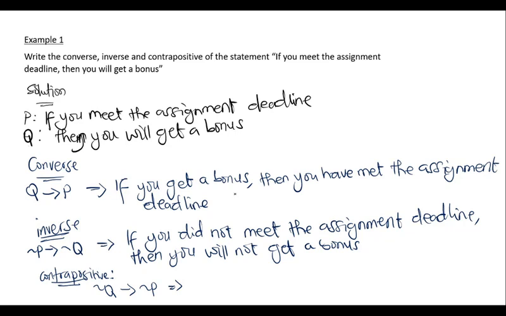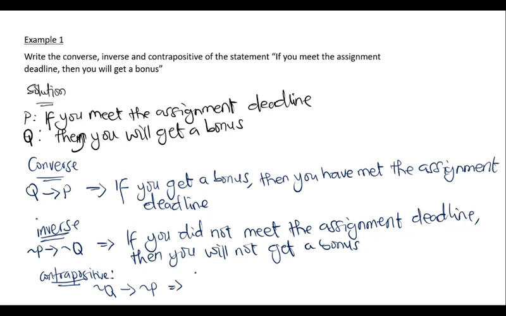So we are negating Q first, and then we are implying it to what? P. So the contrapositive of this is what? If you do not get a bonus, then you will not have met the assignment deadline.